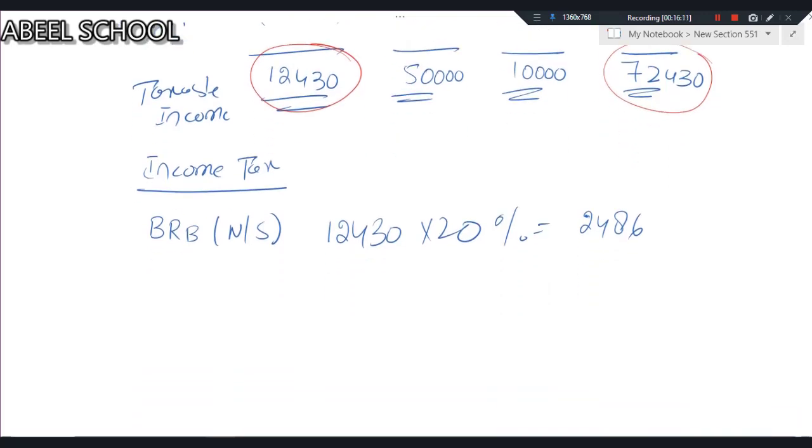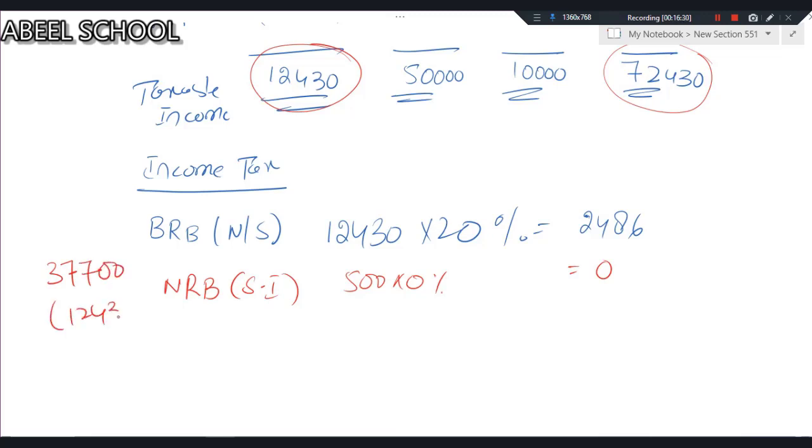Whoever is a high rate taxpayer gets nil rate band of 500 in saving income. So nil rate band, saving income, 500 into 0 is obviously 0. Now let us see how much space is left in the basic rate band. From 37,700, we need to deduct 12,430 minus 500.